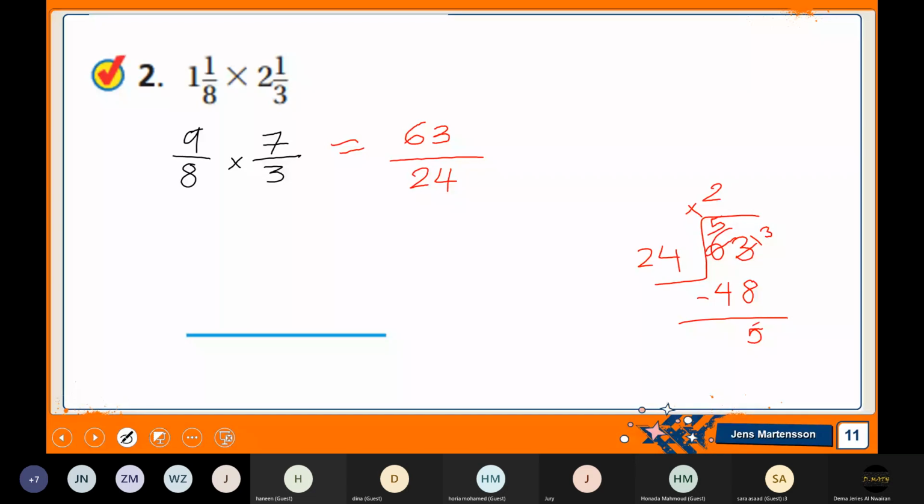So the remainder will be 15. So we will make it as 2 and 15 over 24. Thank you. Can you simplify them more?